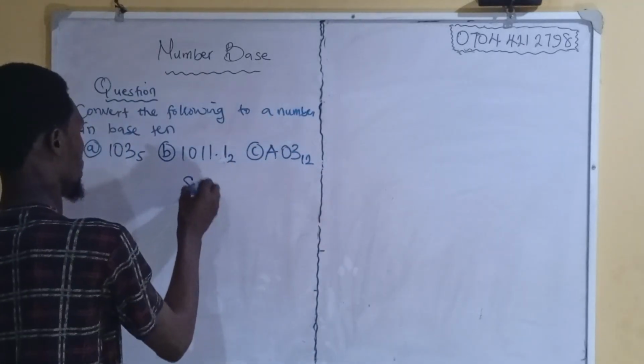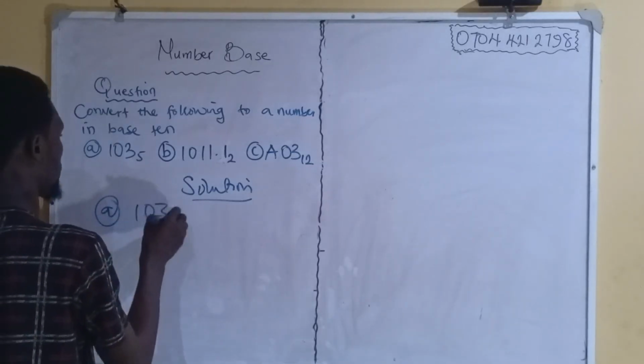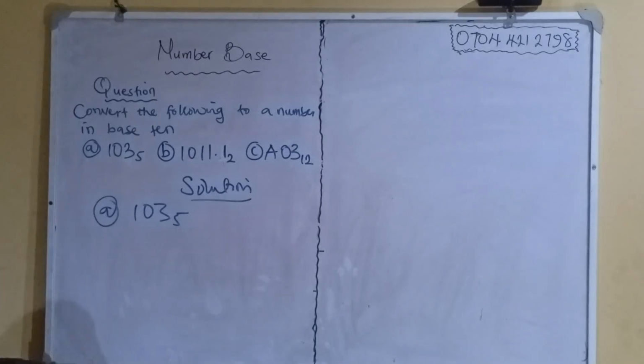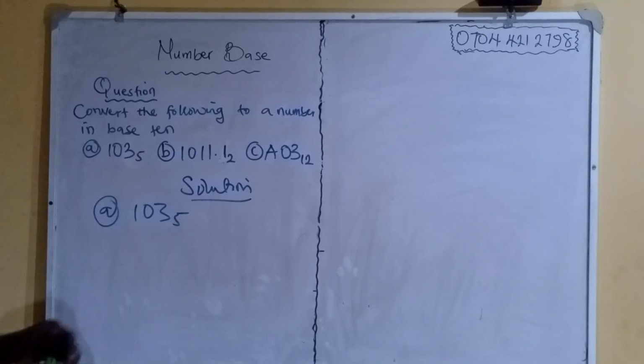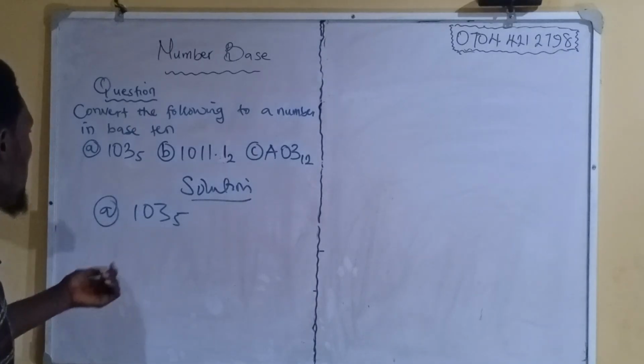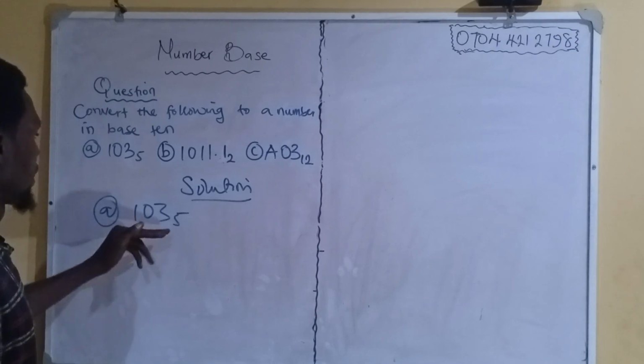For this question, you have 103 base 5, and you are asked to convert it to a number in base 10. What you do is that you expand. Using the expansion method, you have to expand this particular number in the power of the base.